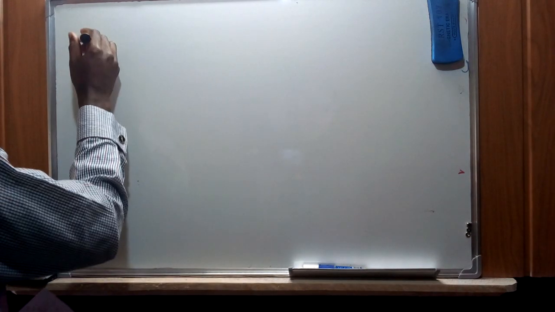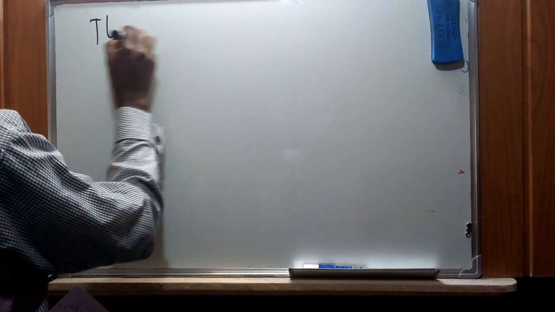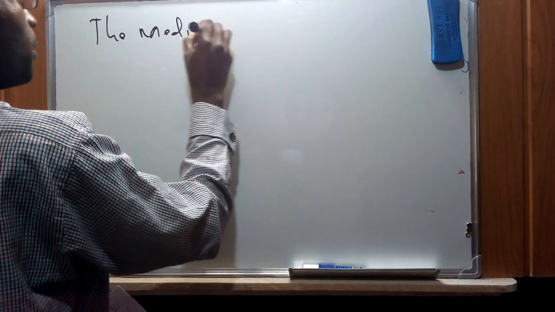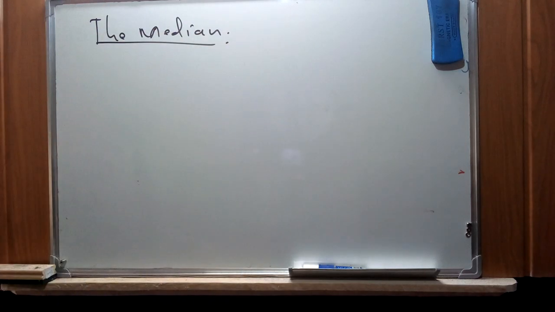So in this case, the concept of the median, as I have said, is one of the measures of central tendency. The measures of central tendency are concepts that fall under the wider topic of statistics.